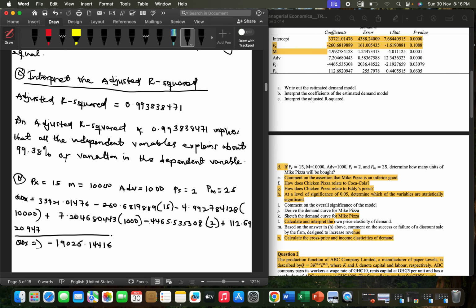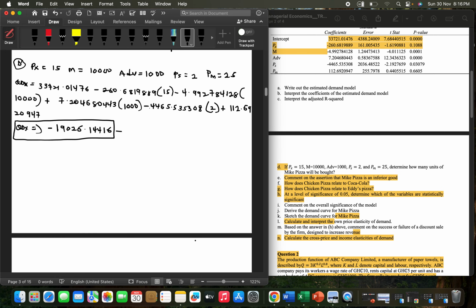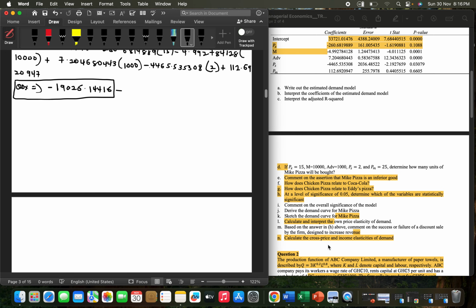So this is what we are going to get when you punch everything into the calculator. So you notice that we are getting a negative quantity. It happens. So to determine how many units. So this was the unit. So that's the D part of the question. So we are moving to the E part of the question.